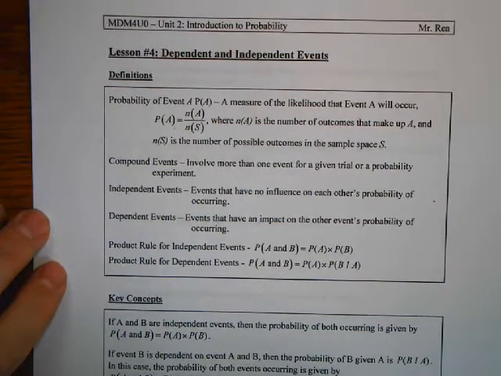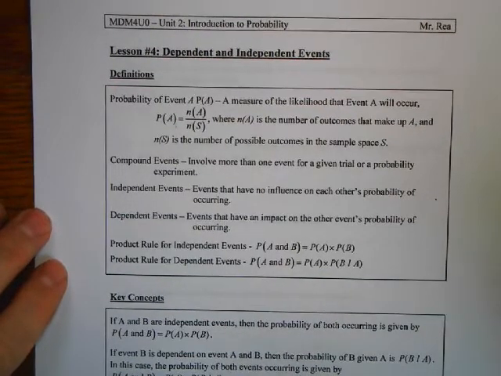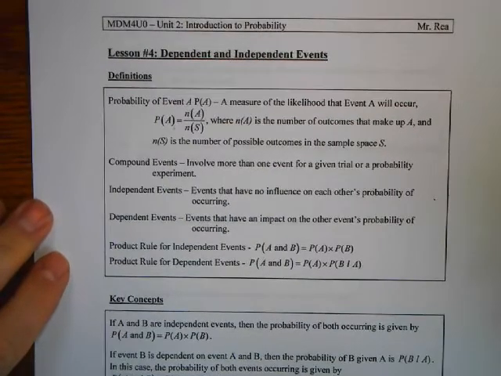What we're going to do in lesson 4 and continue with lesson 5 to finish the unit, we'll be looking at two events at the same time. So this lesson will be looking at whether the two events are independent or dependent to each other.